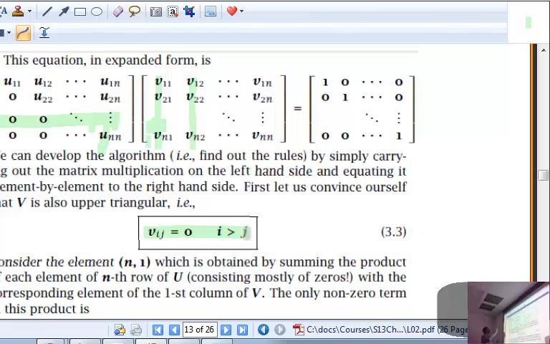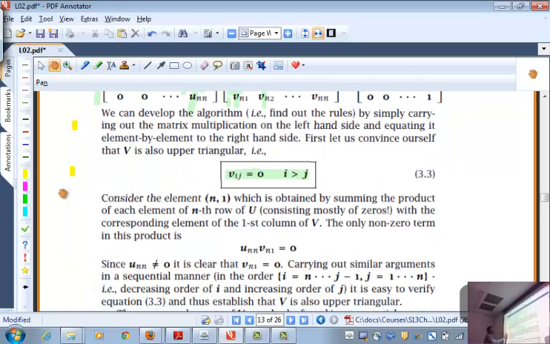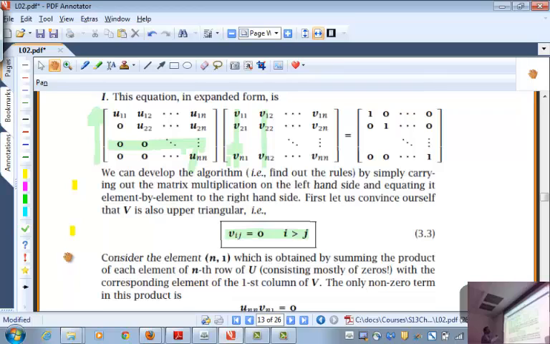Then we start developing, in a similar way, to find out what are the diagonal elements and what are all the upper diagonal elements. In here, you need to be very careful to sequence the calculations, alternating between one row from here and one column from there.